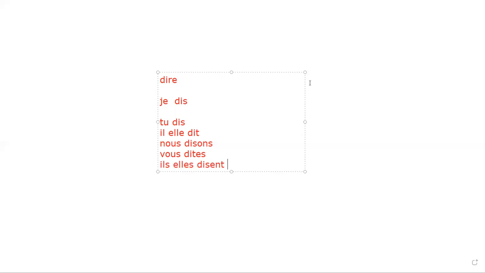We have the verb faire. Faire is a verb to do, a very important verb. Je fais is I do. Repeat after me. Je fais. Tu fais is you do.